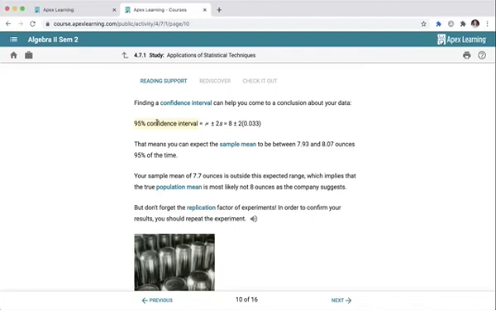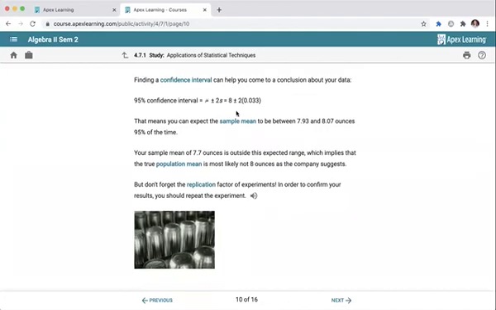If our value doesn't fall within our confidence interval at 95% confidence, that implies that the company is most likely being dishonest here. They're most likely not putting in the 8 ounces as they suggest. That's based off of our confidence interval and our 2 sigma factor, or our 2 standard deviation rule.